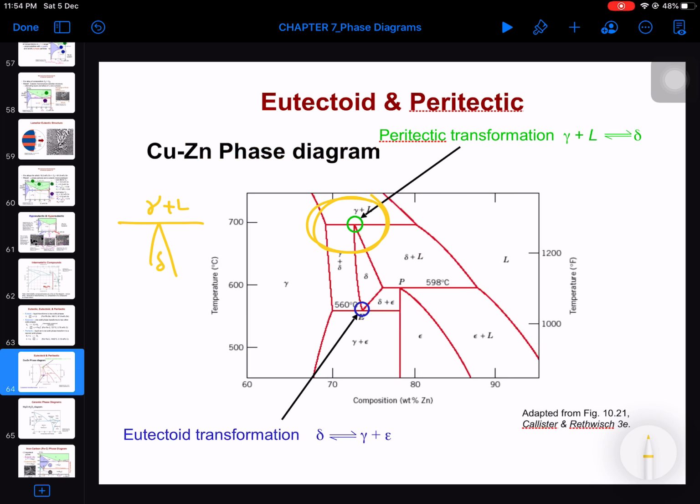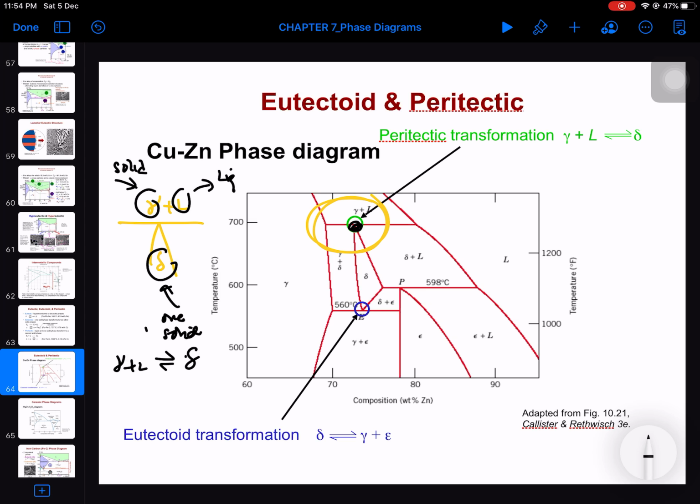So here, one solid and one liquid transform into one solid. It's gamma plus liquid upon heating, and upon cooling becomes delta, which is at this point.